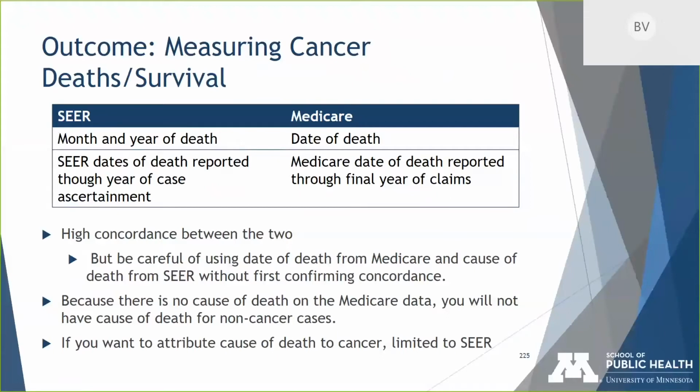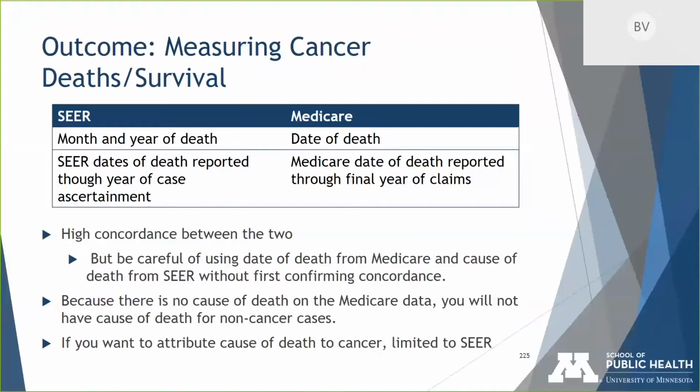I should note that there's also a very high concordance between the two, but SEER is the only source that we have for cause of death. So if you're trying to combine the two, if you want the extra observation period of Medicare, you have to note that you aren't going to have cause of death for that final observation period.